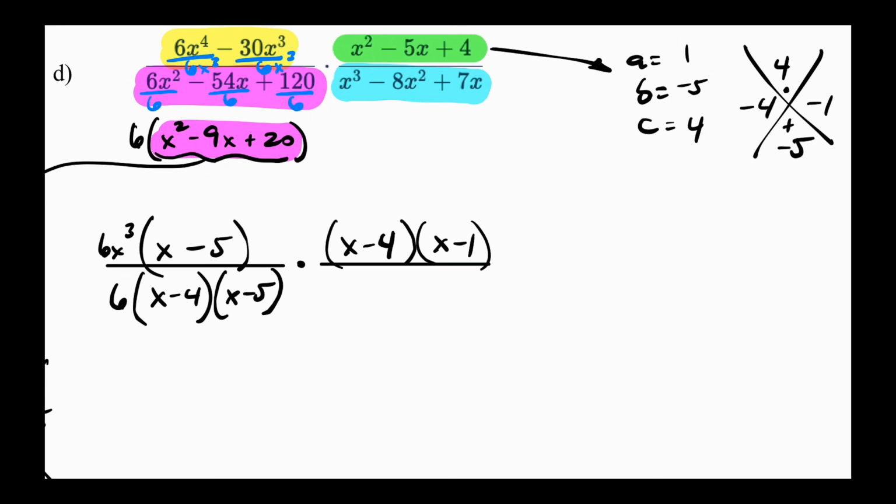The blue part, the aqua color right underneath the green. That's another trinomial. Can I go right to ABC? No. What do they all have that I can divide them all by? A regular x. Good. So when I divide it all by x, I get x squared minus 8x plus 7.